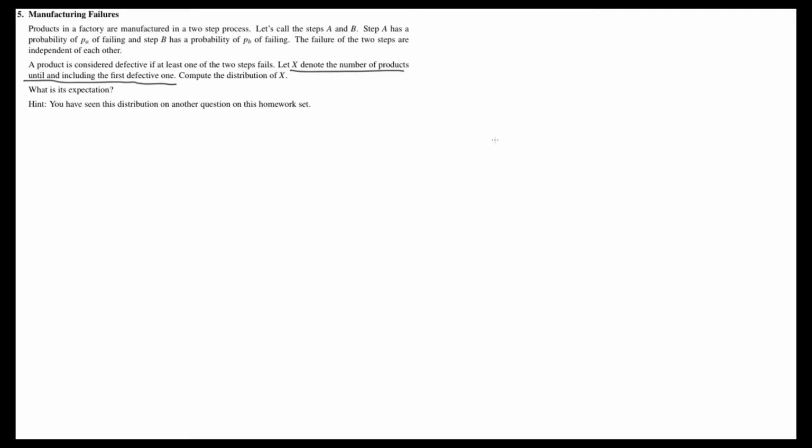So let's actually write down the two random variables corresponding to step A failing and step B failing, which are both geometrics as we just discussed. So XA is a geometric, probability PA, right? So you have, it doesn't fail the first turn. I'm just saying let's say this is what happens.